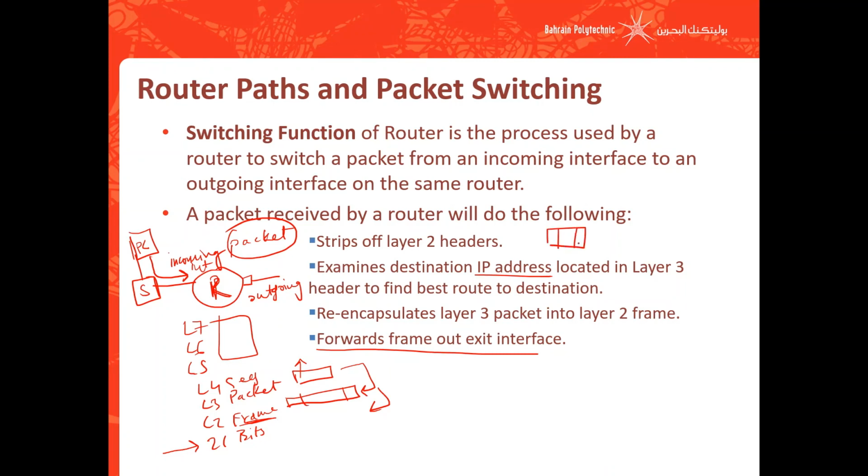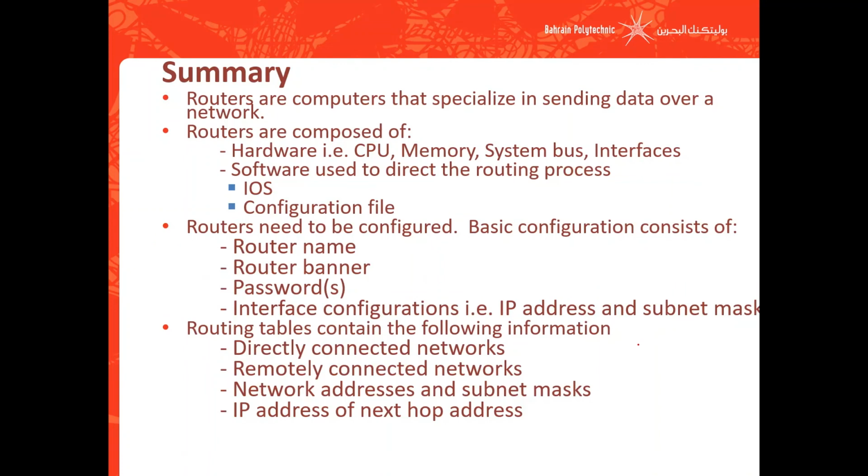It removes the unwanted data to get the packet. Once it gets the packet, it looks at the IP address stored in the packet to figure out where it should be sent. Once it figures that out, it adds the same frame data again to the packet to then move it across the network again. That's the basic idea.